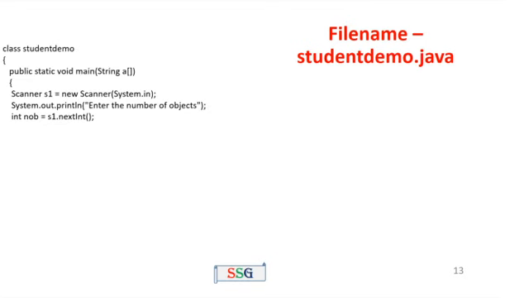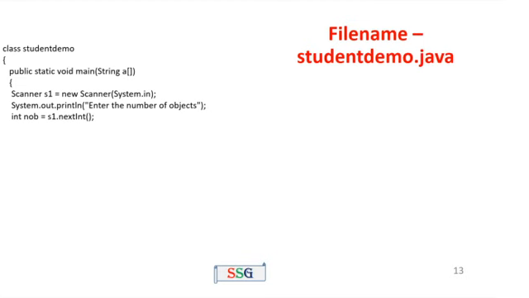For this program also we have to focus only on the main class; the remaining part, that is the Student class part, is the same. Here we have to change only the StudentDemo class. class StudentDemo, public static void main(String args[]), Scanner s1 equal to new Scanner(System.in). Enter the number of objects. First, int nob, number of objects, declared as a variable, equal to s1.nextInt().